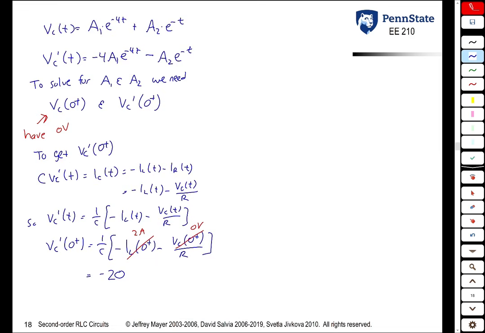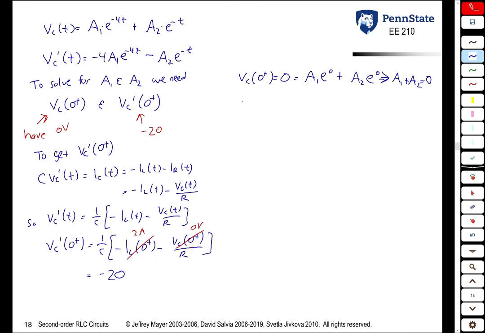We can now plug in that initial condition plus the original initial condition of VC of 0 plus to solve for A1 and A2. So VC of 0 plus, which is 0 volts, is going to be A1 times e to the 0 plus A2 times e to the 0. So from that we get that A1 plus A2 is equal to 0.